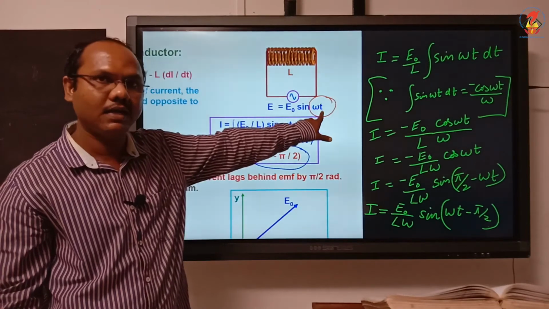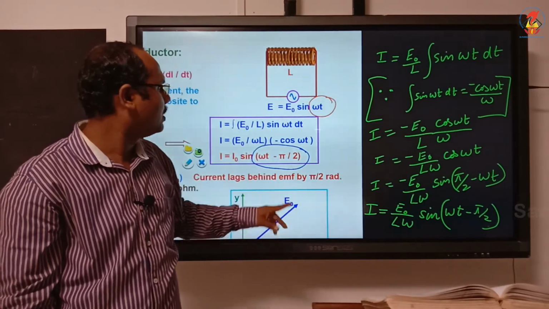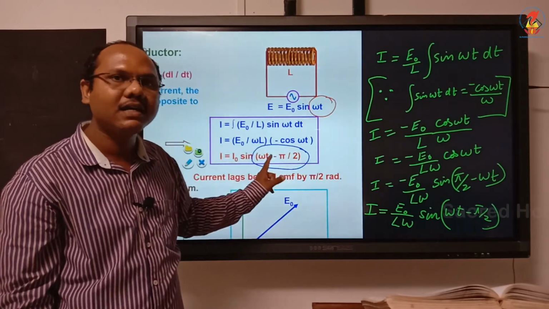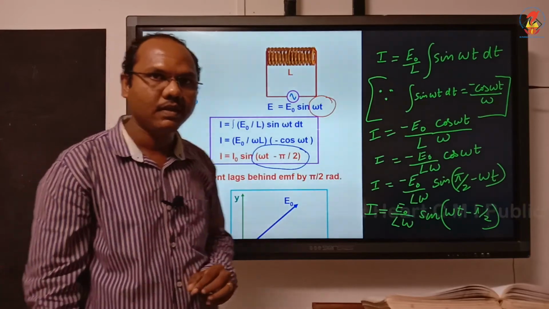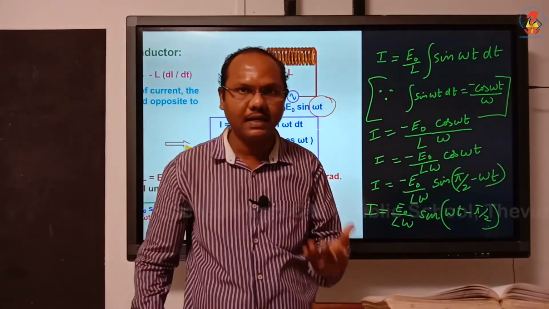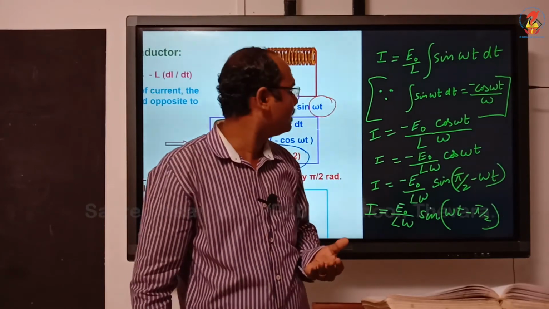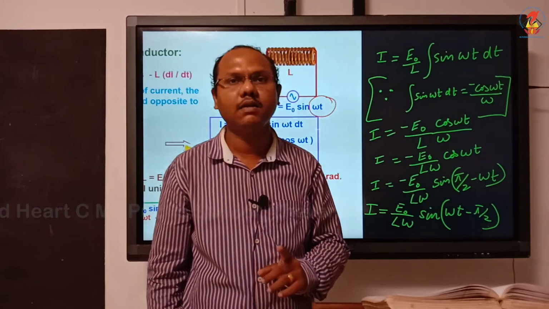One is omega t. Second one is omega t minus pi by 2. So current is lagging the voltage by an angle pi by 2. So when current flows through a purely inductive circuit, purely inductor, the current lags the voltage by an angle pi by 2.